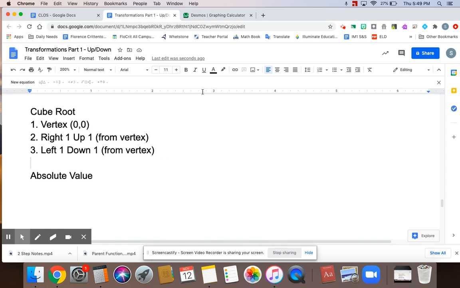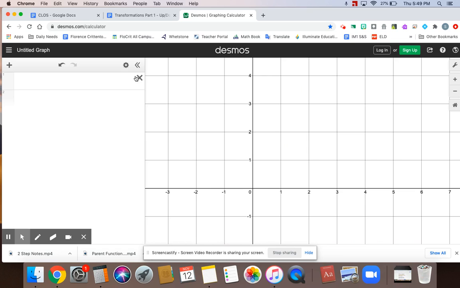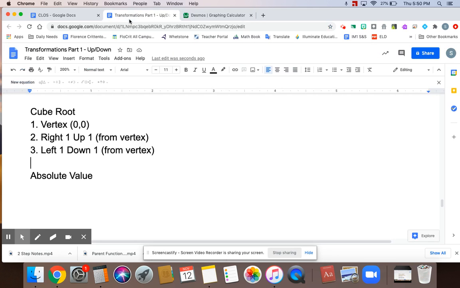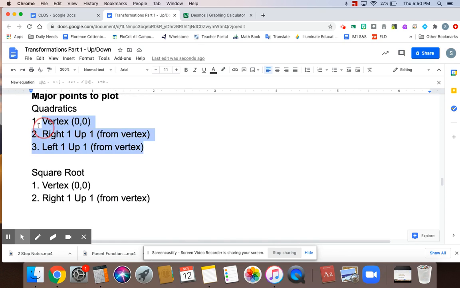And the last one, the absolute value. It has 0, 0, right 1, up 1. And then when I go left 1, it goes up 1, just like the quadratic. So it has the same 3 points as the quadratic.